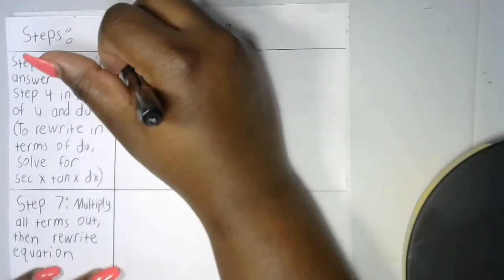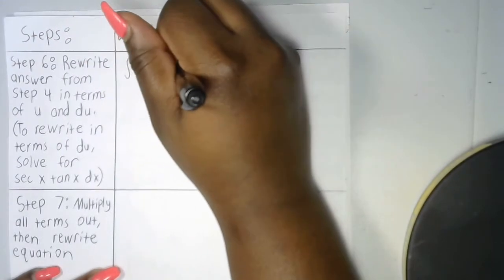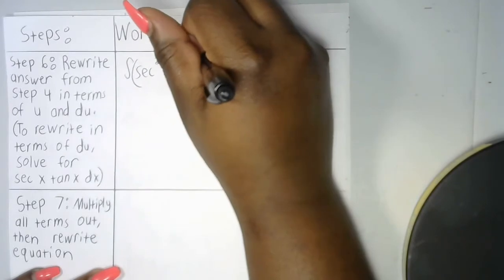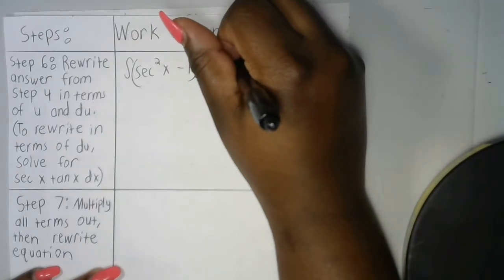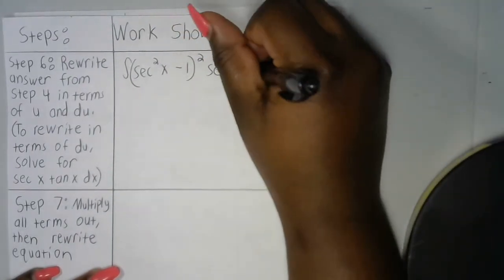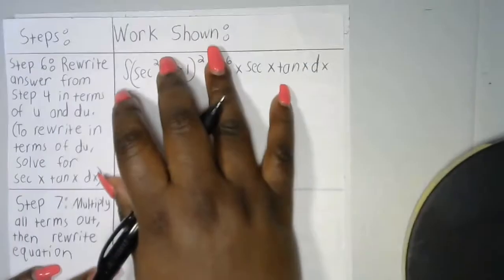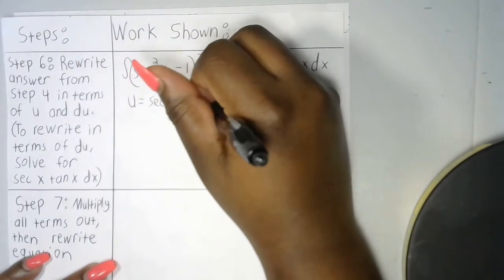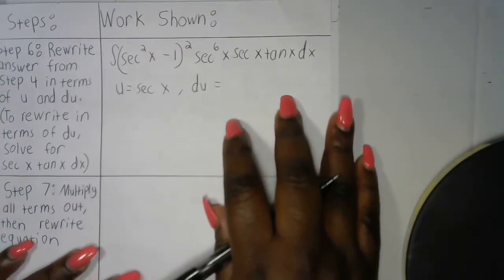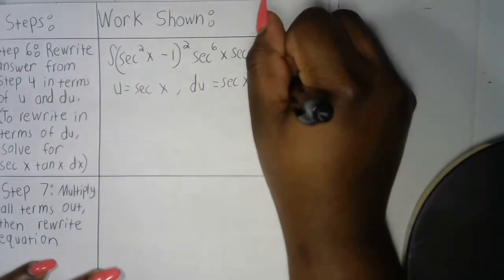All right, so to start step 6, what did we have before? We had the integral of secant x squared minus 1, and all of that to the power of 2, times secant x to the 6th, times secant x tan x dx, right? So, like we established, u is equal to secant x, and du is equal to secant x tan x dx.